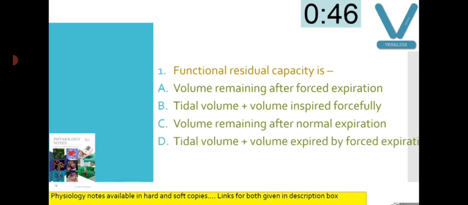Functional residual capacity is: volume remaining after forceful expiration, tidal volume plus volume inspired forcefully, volume remaining after normal expiration, and tidal volume plus volume expired by forceful expiration.